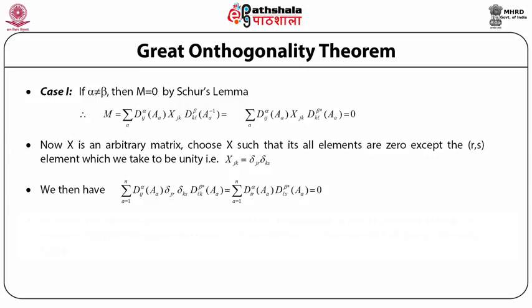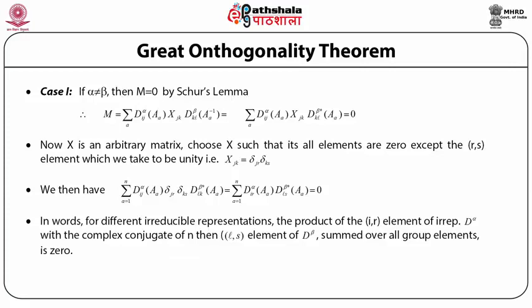That is, we are just replacing the matrix X by delta jr delta ks, and this expression then becomes equal to 0. What does it mean? It means that for different irreducible representations, the product of the ir element of the representation D alpha with the complex conjugate of the matrix element ls of the matrix D beta, summed over all group elements, is 0.